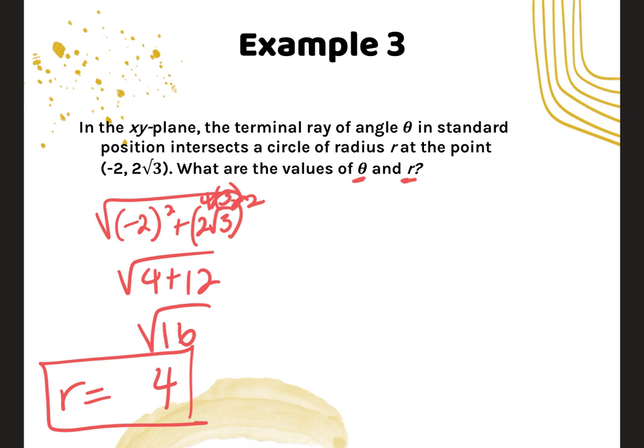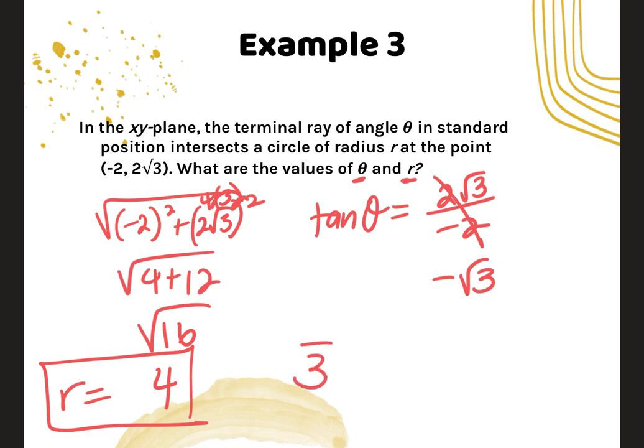Now I want to know my theta, right? So I'm going to say the tan of theta is 2 root 3 over negative 2. These will always simplify to be one of your special angle tangents. If you look, this becomes negative root 3. So what's the denominator if tangent is root 3?